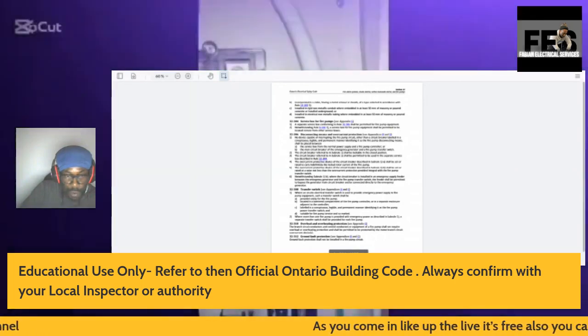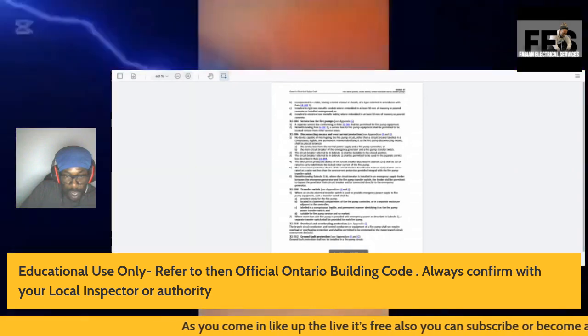Protection shall not be installed in a fire pump circuit.